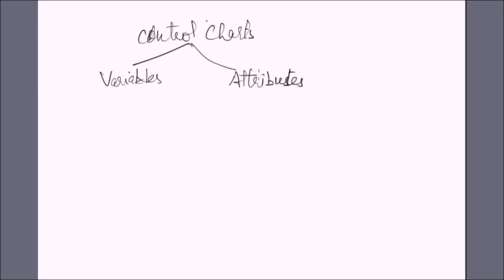When we measure a variable, for example the thickness, length, height, weight, volume of a process, we call it a control chart of variables.